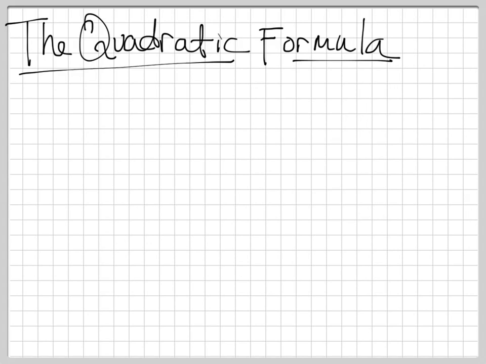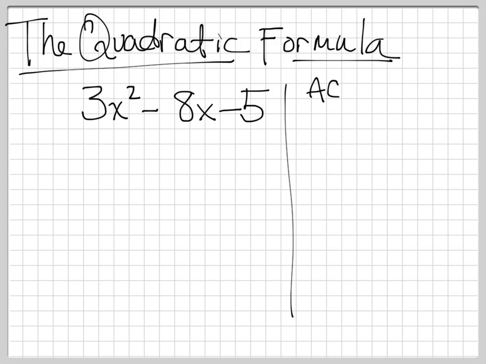Alright, the next subject is the quadratic formula. So sometimes you need to solve quadratic equations which don't factor nicely. So suppose I have 3x squared minus 8x minus 5. Now the way you would normally try to factor this is by using the AC method.